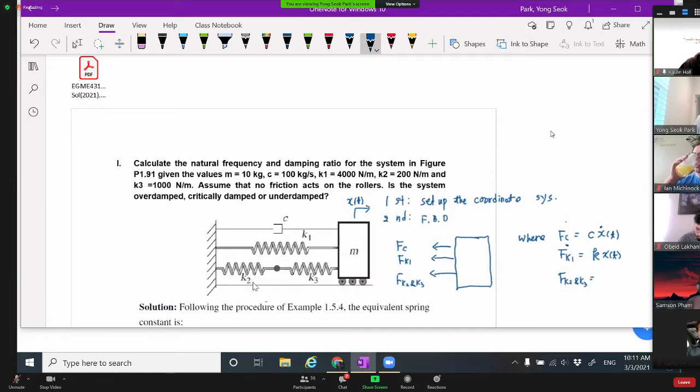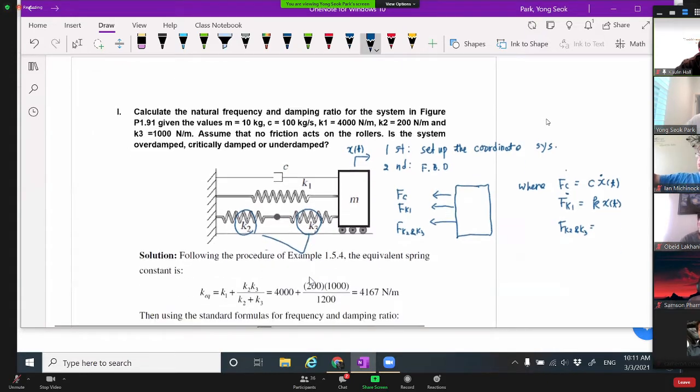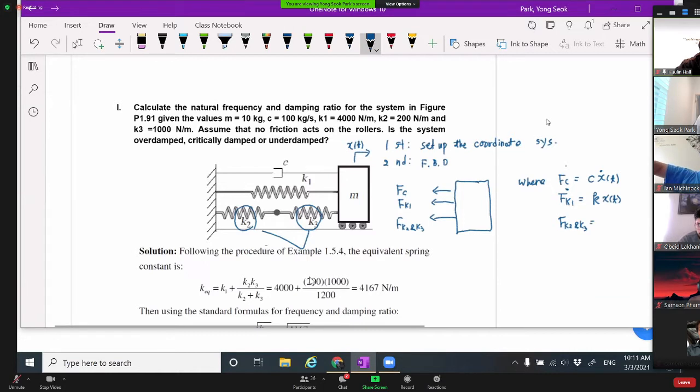Okay, so if the springs are connected in this way, then we need to find one representative K, right? Please write it down: 1 over K equals 1 over K2 plus 1 over K3. So this K is the total stiffness, combining K2 and K3.